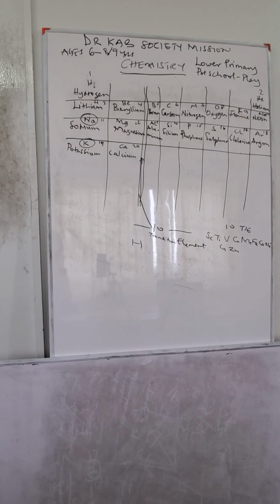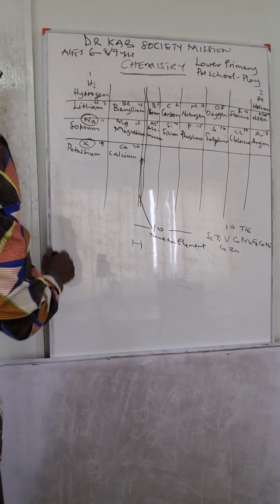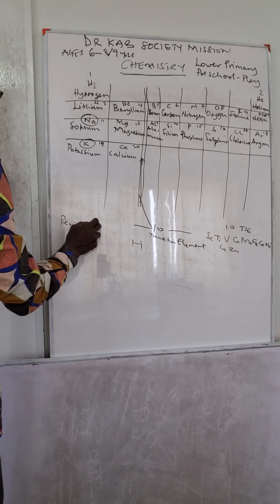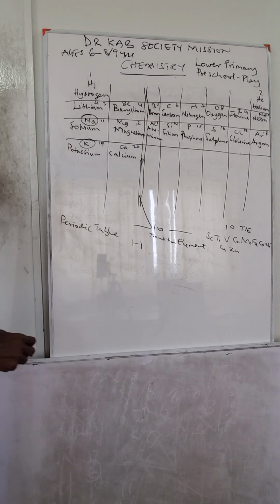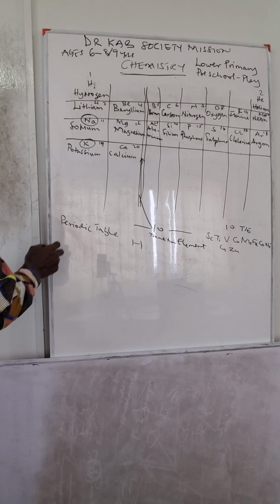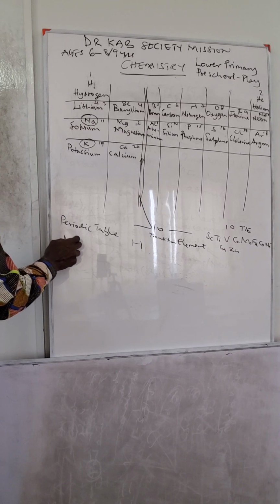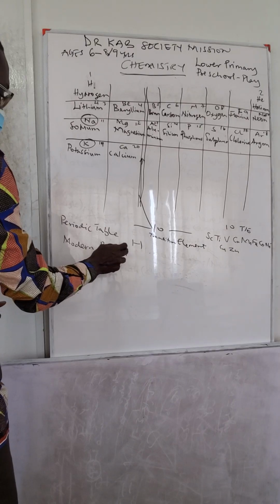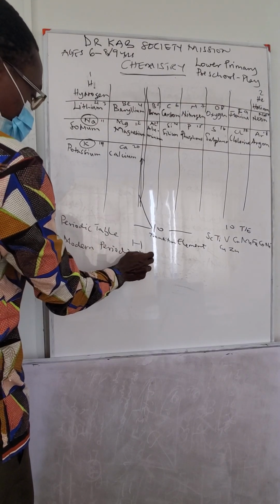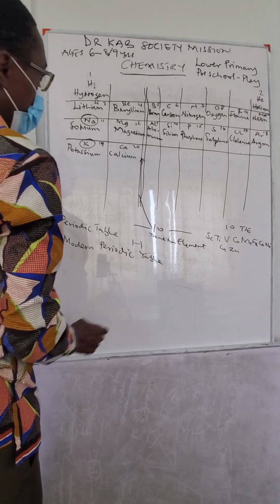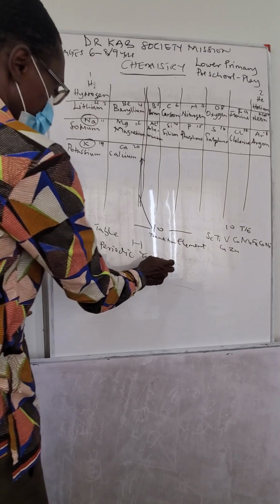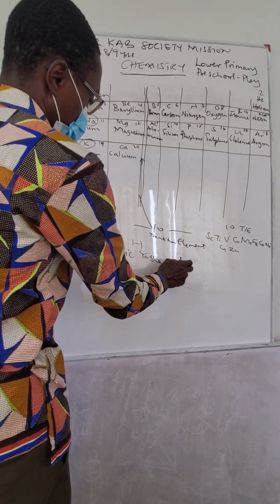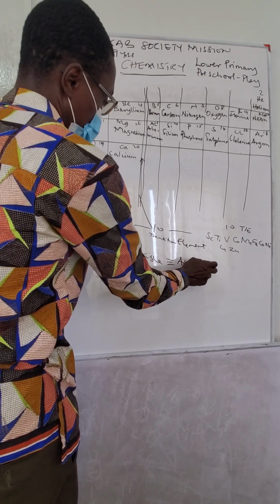All right, so this is the periodic table. So this is the periodic. Okay. Now we have what we call the modern periodic table now. The modern periodic table. Okay. Right. So that one, the numbering is changed, and it is based on the atomic number.